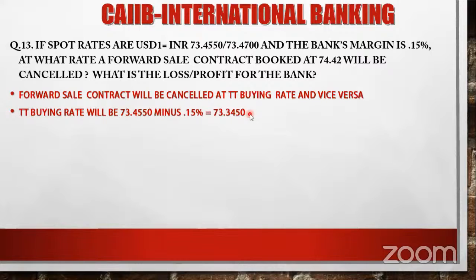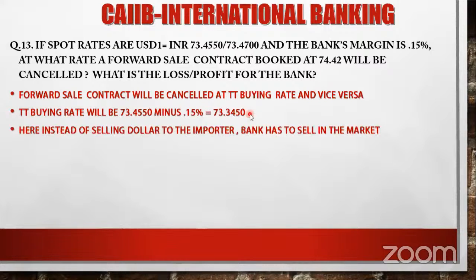Now you have to think from that angle. We are getting less cash from the market. Had we given to the importer as per the contract, you would have got 74.42, because forward contracts are gentleman contracts. Now you are going to get less cash flow. The loss is the difference between the contract rate and the market rate.